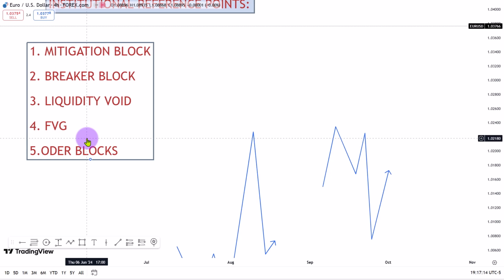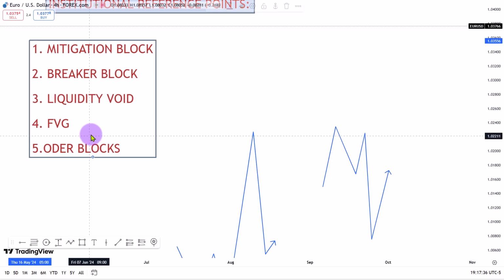So once you see that, we call it confluence. It's a confluence of more than one institutional reference point at the same place. Once you see that, you know that, all right, this is a high probability setup because there's more than one institutional reference point confluencing at the same price point.